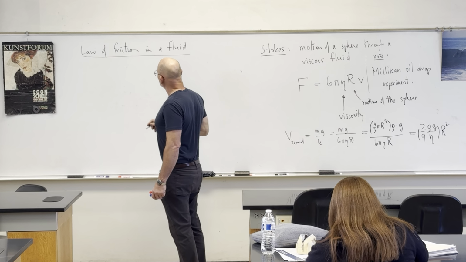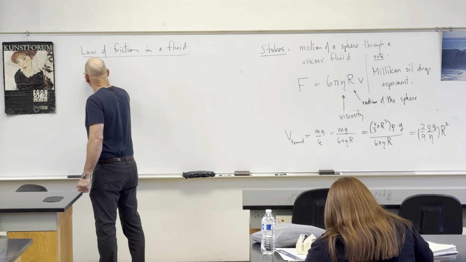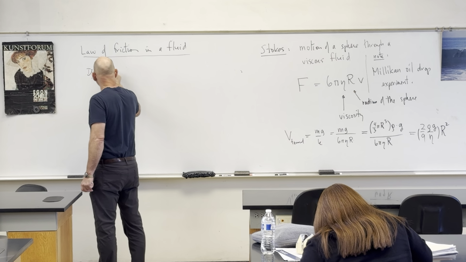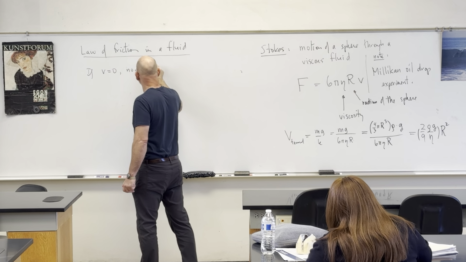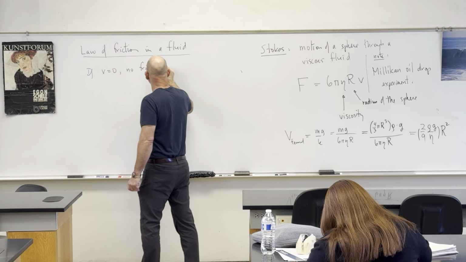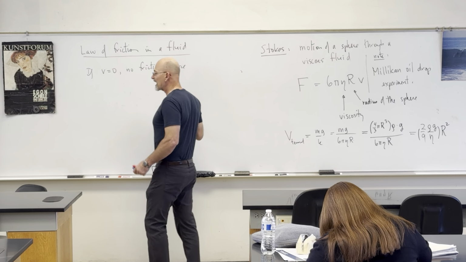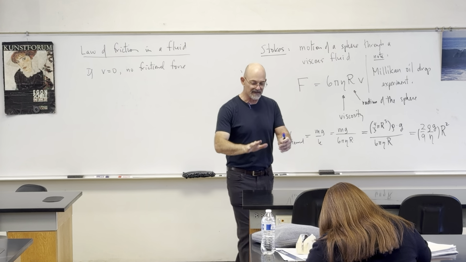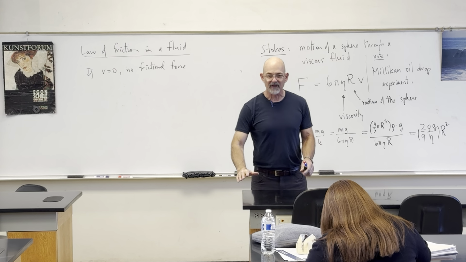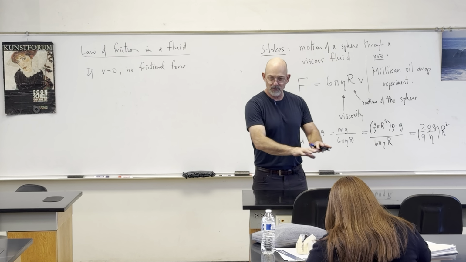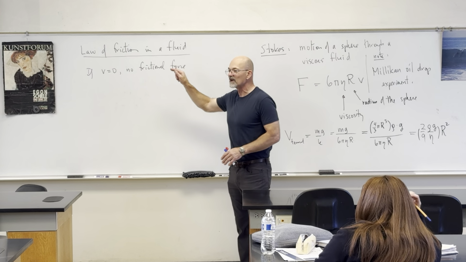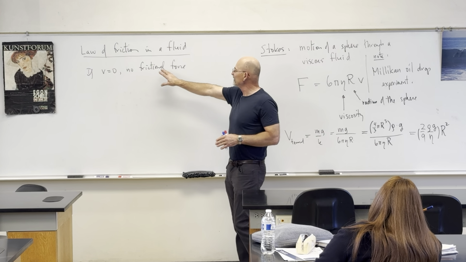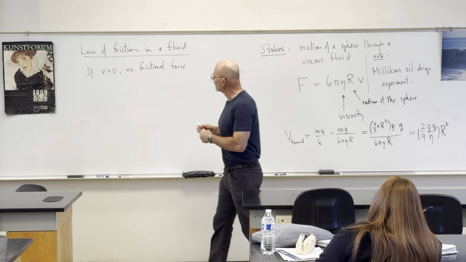The law of friction in a fluid would be: if V equals 0, no frictional force. Unlike the friction we learned about from something sliding on a table. You slide something on a table, you could pull on it for a while and it doesn't move, so there's a frictional force. But in a fluid, if you push on something, it moves. So if V is equal to 0, there's no frictional force.